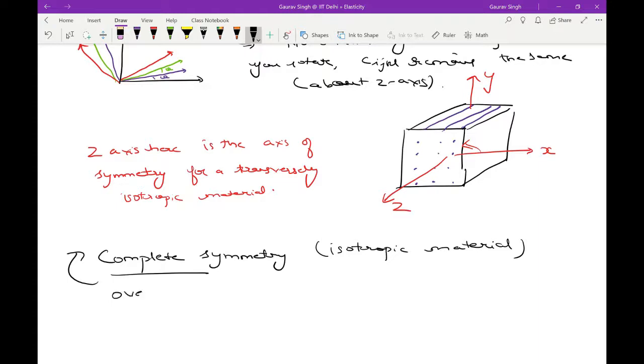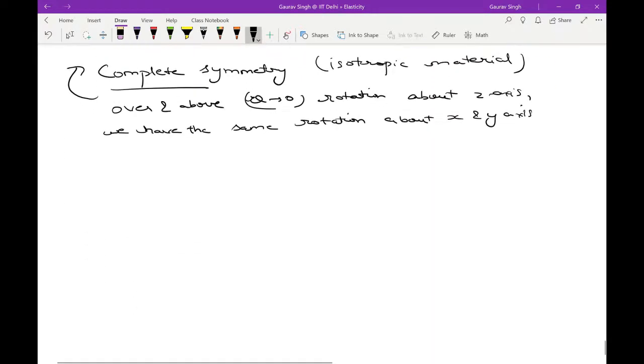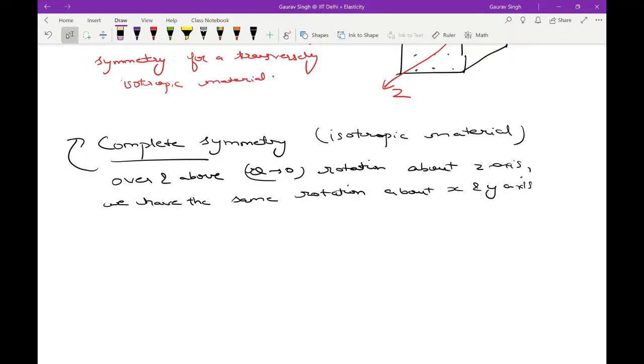Now over and above theta tends to 0 rotation about the z axis, we have the same rotation about x and y axis, you would get a situation which is called complete symmetry, in which you could have basically rotated in an angle about any axis, or even combined them, and you would have still got the same answer.